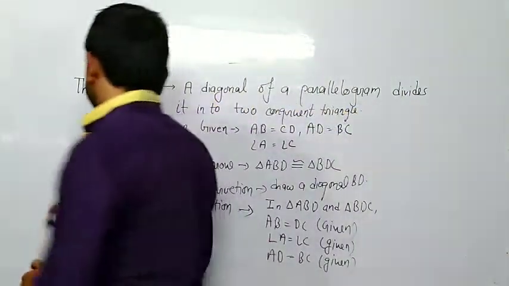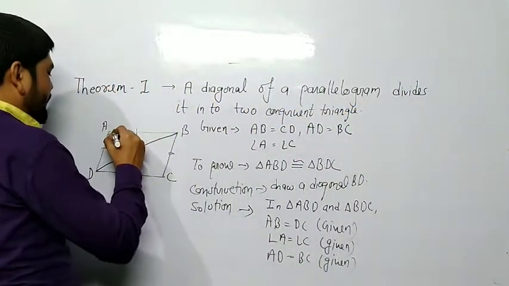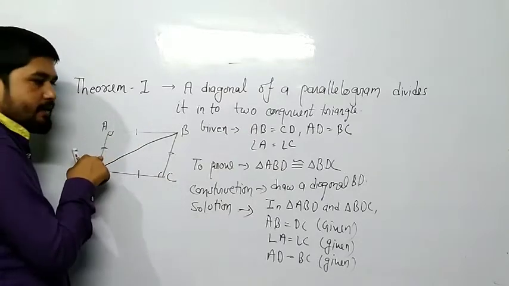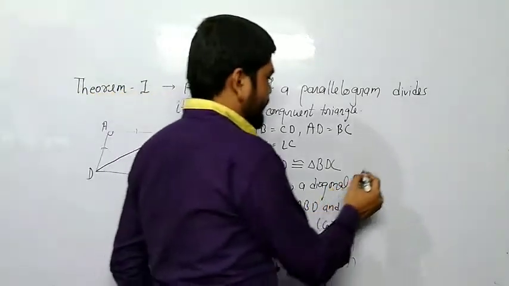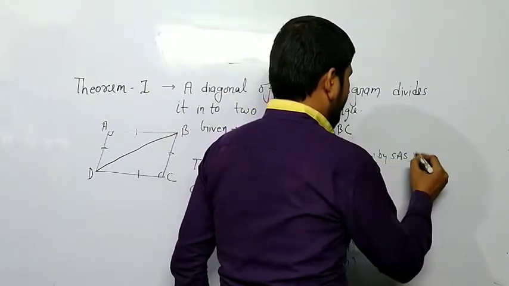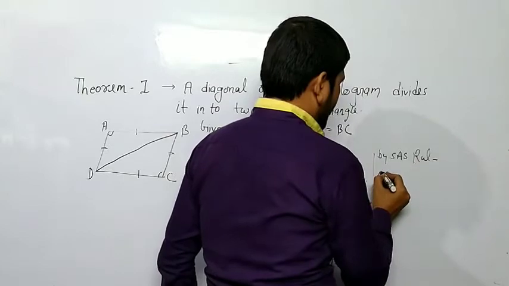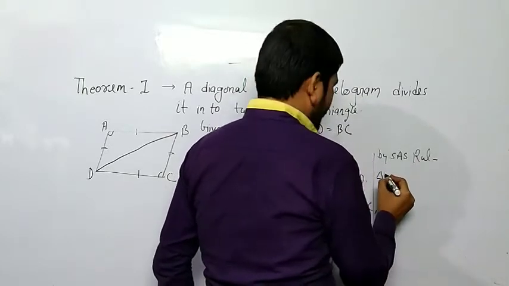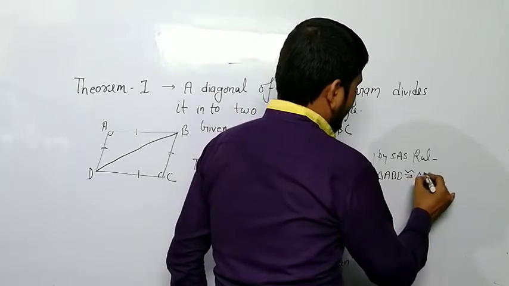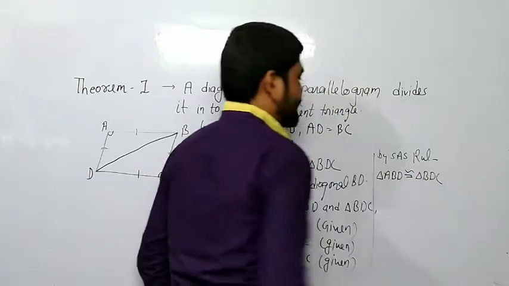So what is the rule? Side, angle, side. Which rule will be applicable here? Side, angle, side. So by SAS rule, triangle ABD is congruent to triangle BDC. It is proved.